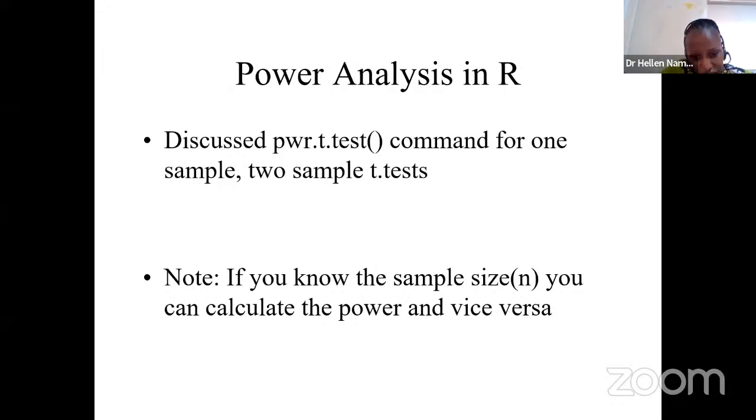So in case you consider your P to be 50%, you will be able to calculate your sample size. I think I explained that in one of the slides, and you can come up with your sample size.